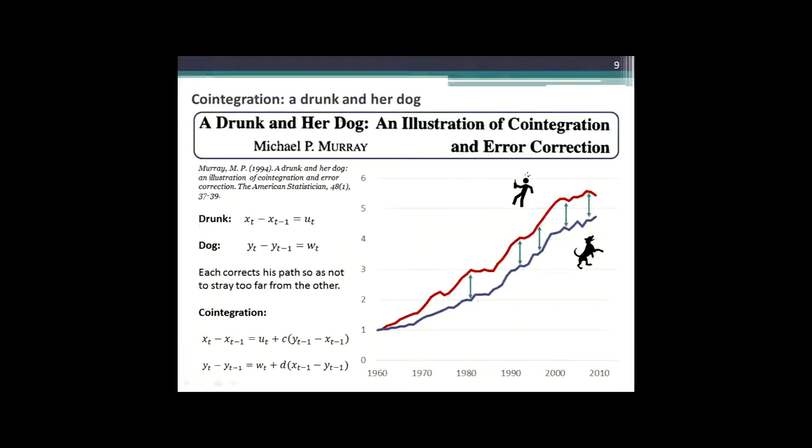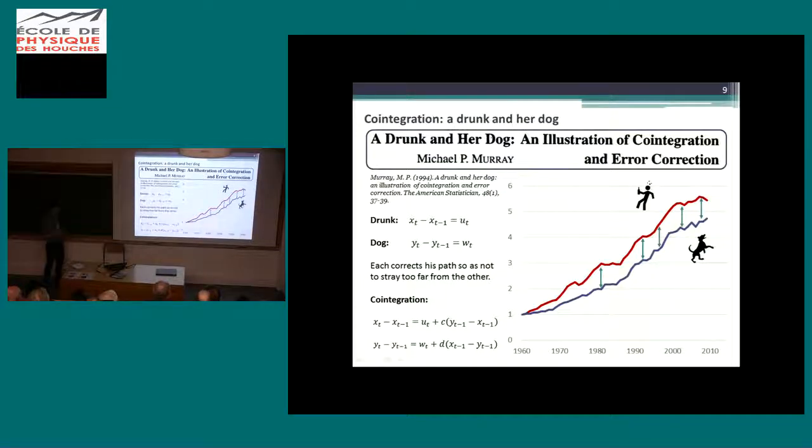I use cointegration analysis because it allows me to find a statistically significant linear stationary relationship between non-stationary time series, which is generally the case in macroeconomic variables and the energy consumption variables. There is a humorous example in the literature of cointegration analysis, which is by Michael Murray, where it's about a drunk and her dog.